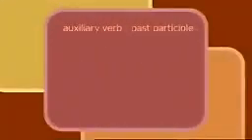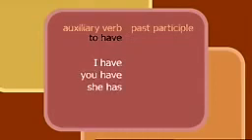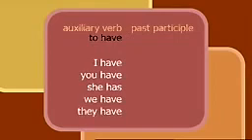Let's have a look at how we structure the present perfect tense. We use the auxiliary verb to have and a past participle. So here's our auxiliary verb, to have. I have, you have, she has, we have, they have, and then a past participle.